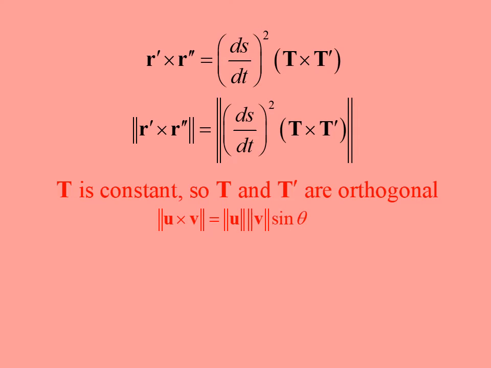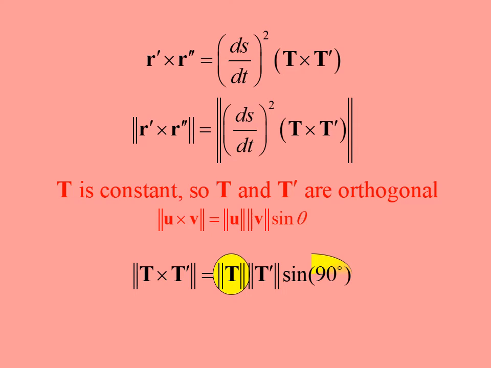And we can write the magnitude of T cross T prime as the magnitude of T times the magnitude of T prime, times the sine of 90 degrees. Since they're orthogonal, that's 90 degrees. Now, the magnitude of T, a unit tangent vector, is a 1. Sine of 90 degrees is a 1. So the magnitude of T cross T prime is the same as just the magnitude of T prime.